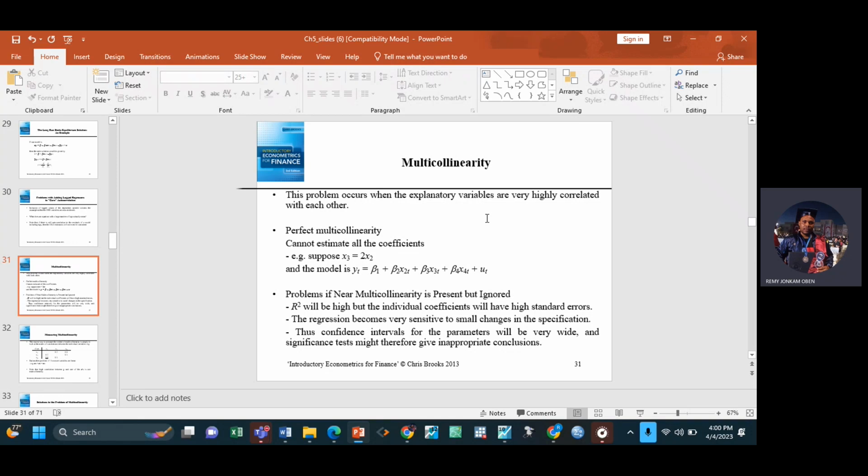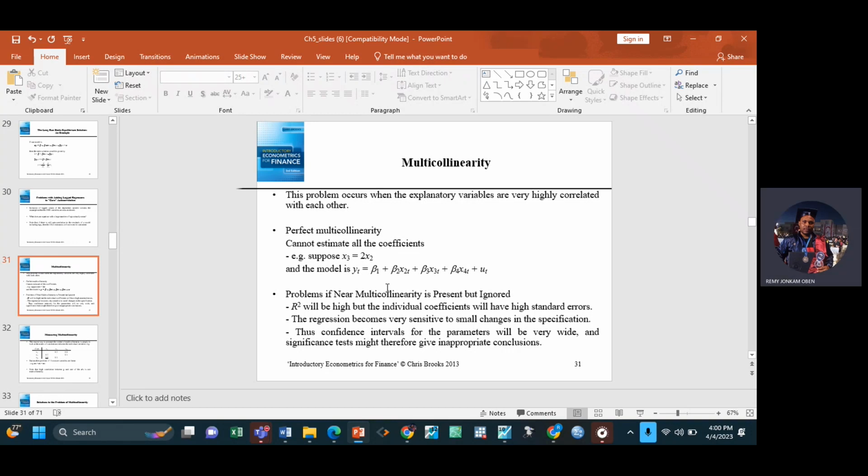The reciprocal of variance inflation factor is what we call the tolerance factor. If you take 1 over VIF, it gives you the tolerance factor. If you take 1 over the tolerance factor, it gives you the variance inflation factor. So both of them are reciprocals of each other. What does it mean? It means we don't want a high VIF and we don't want a low tolerance factor.